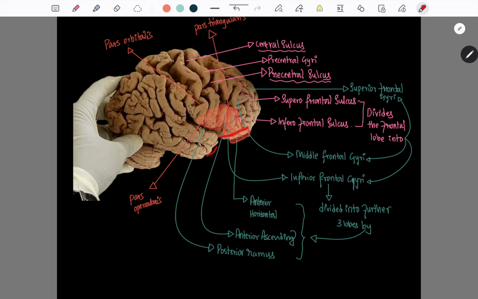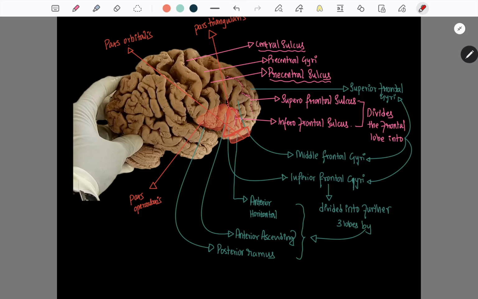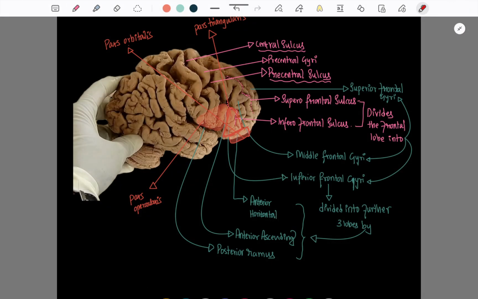From the lateral sulcus there was a sulcus going downwards, with first branch, second branch, and third branch. The first branch is called anterior horizontal, second is anterior ascending, third is posterior ramus.